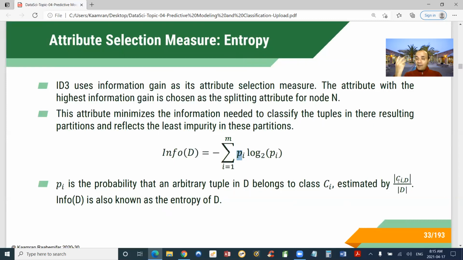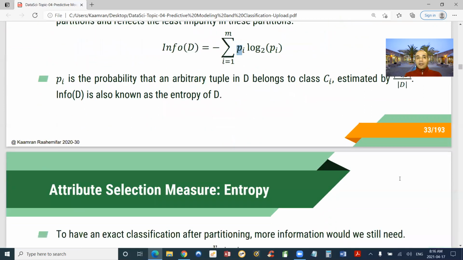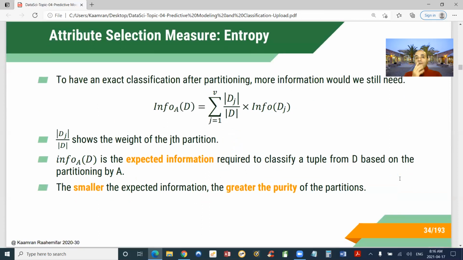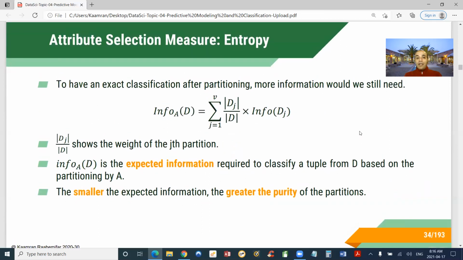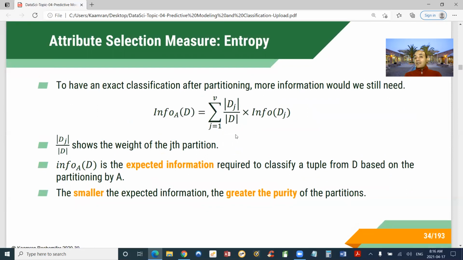In this case, the p is actually per attribute, the class per attribute. For example, we have seen it in the previous example. I'm going to stress that again in this recording. This C is outcome per attribute. So that's very important for us to consider. Then we have expected information, and the expected information is slightly modified.